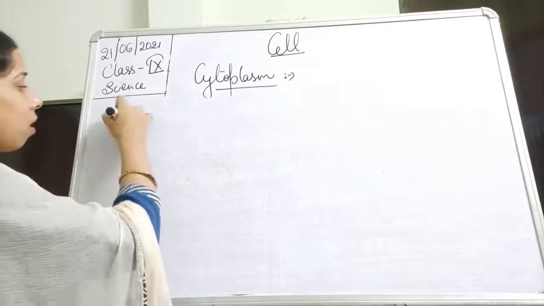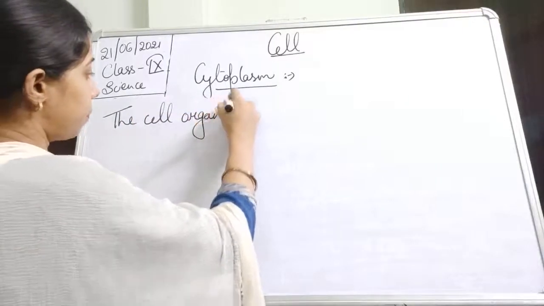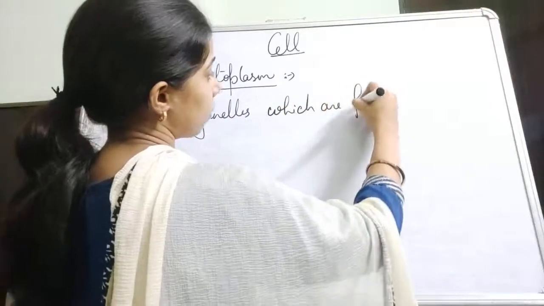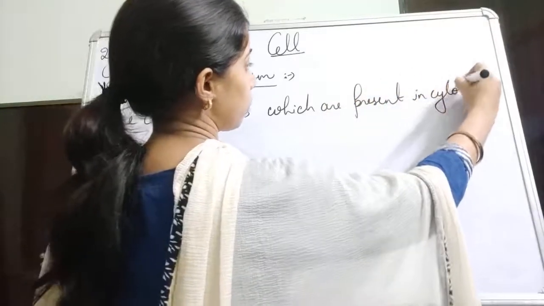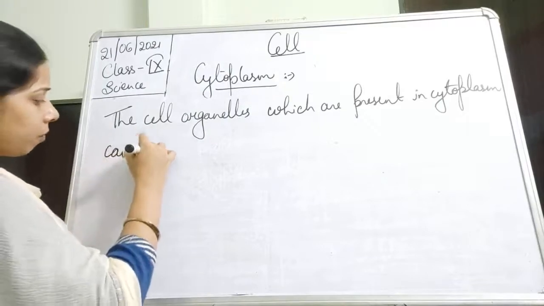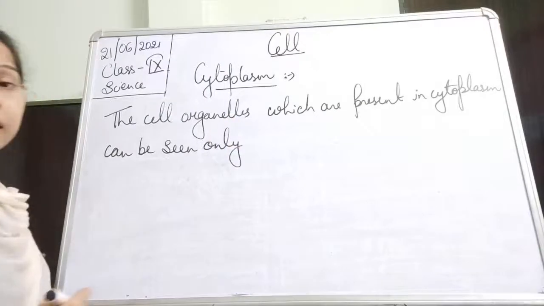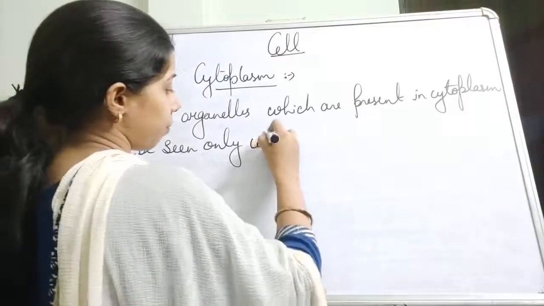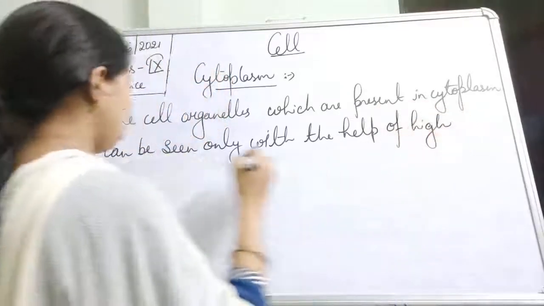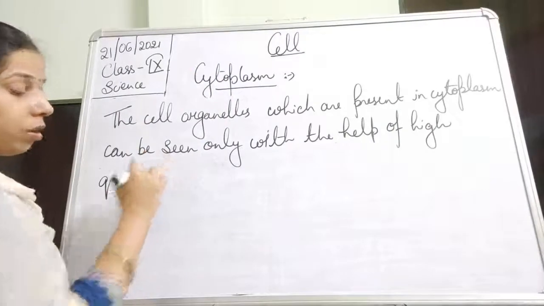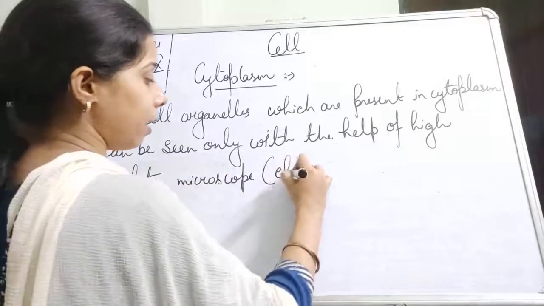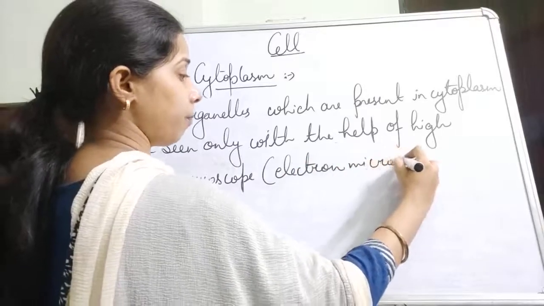The cell organelles which are present in the cytoplasm can be seen only with the help of a high quality microscope, such as an electron microscope.